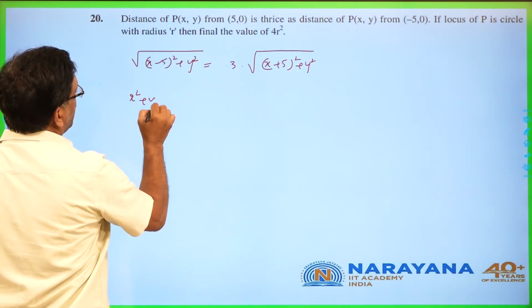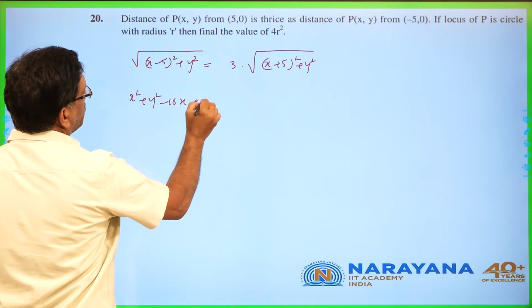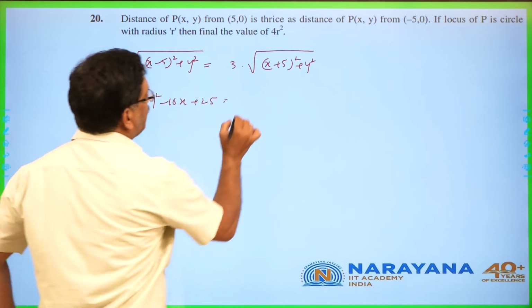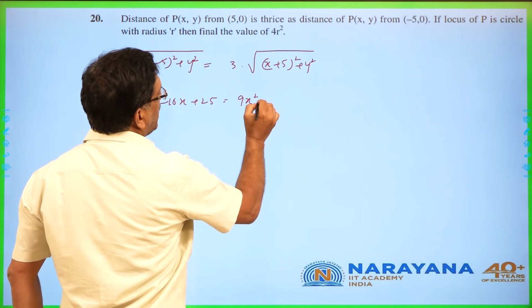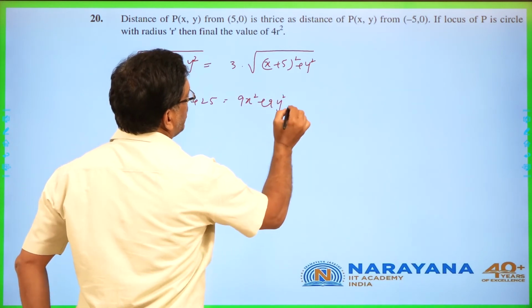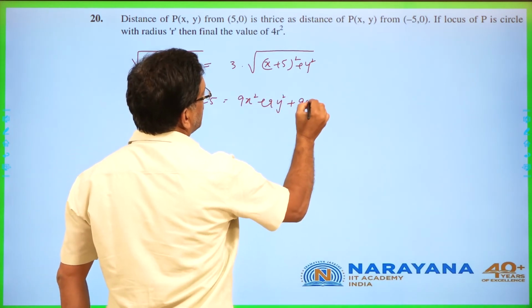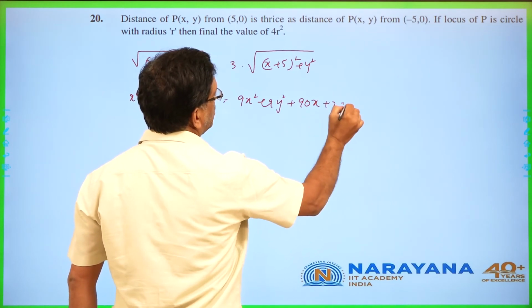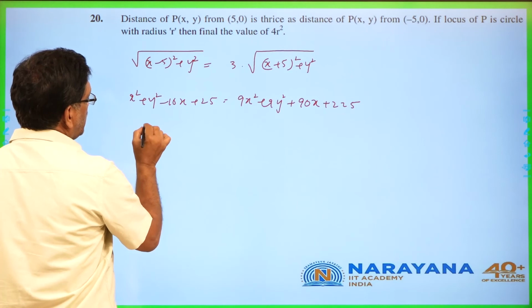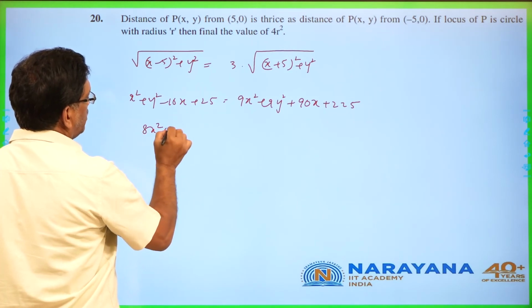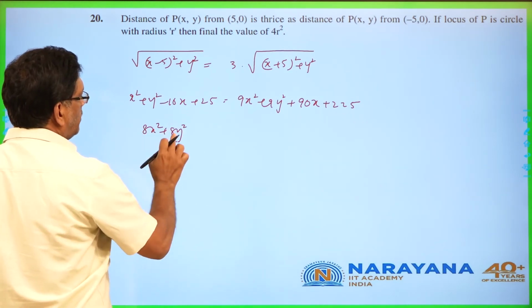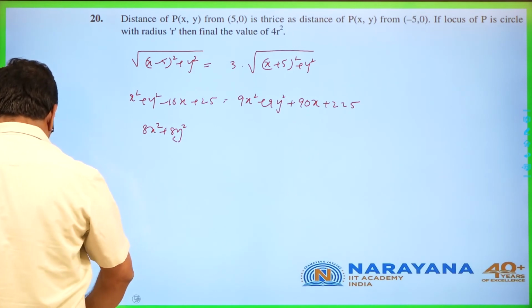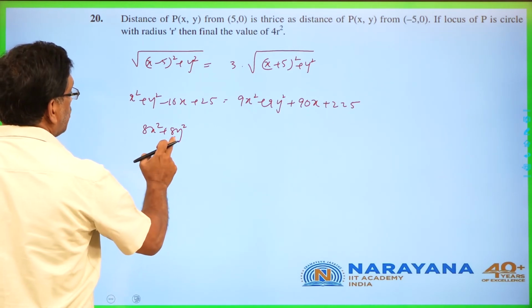That is x square plus y square minus 10x plus 25, equals 9x square plus 9y square, plus 90x, plus 225.